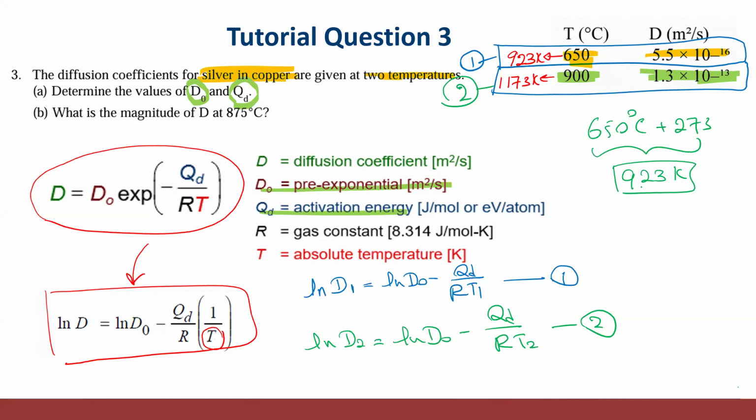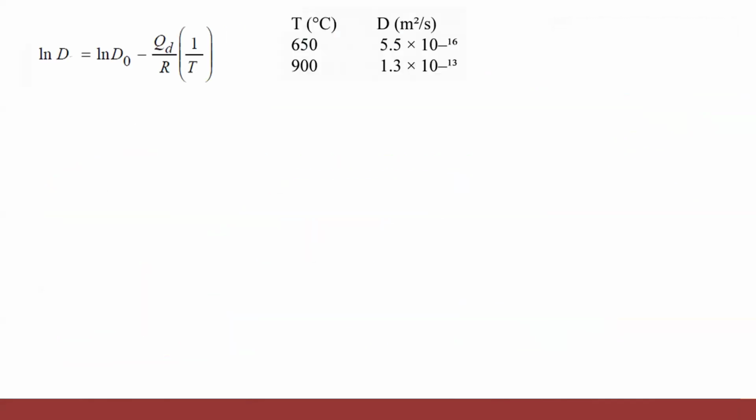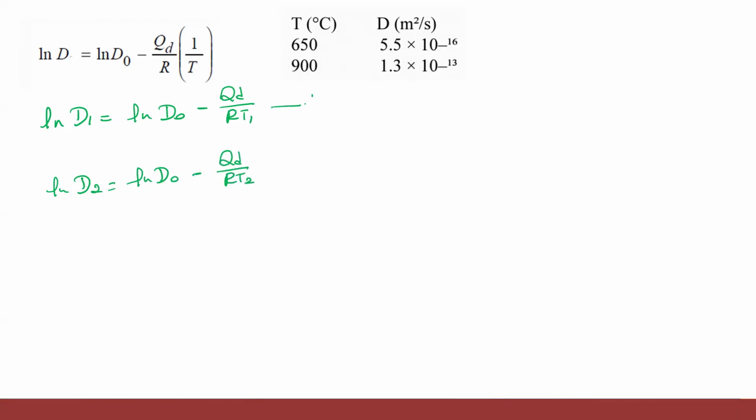So how can we solve the two simultaneous equations? I'm going to write it again. And the next one will be ln D2 equals ln D naught minus Q D over R T. So this is my first equation.